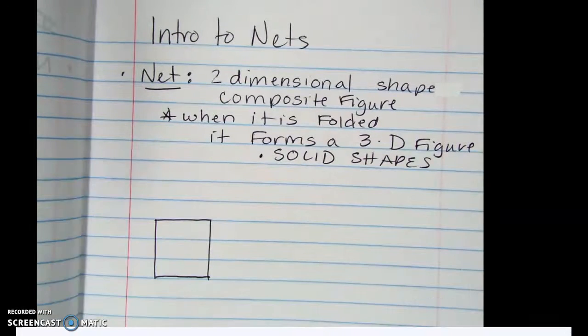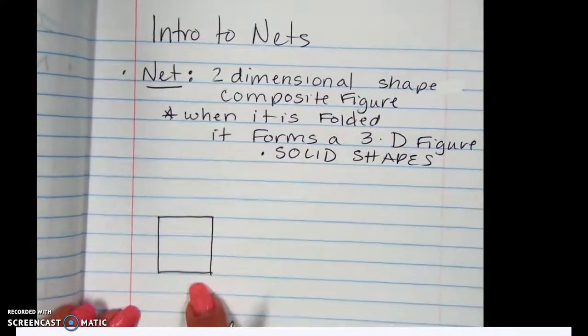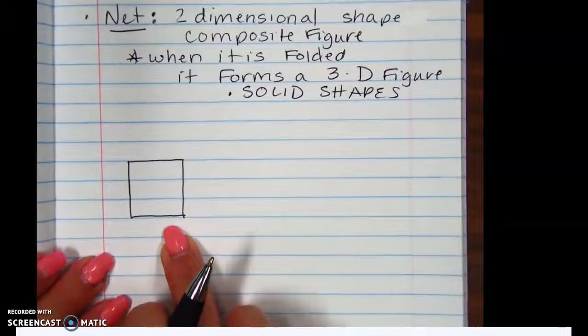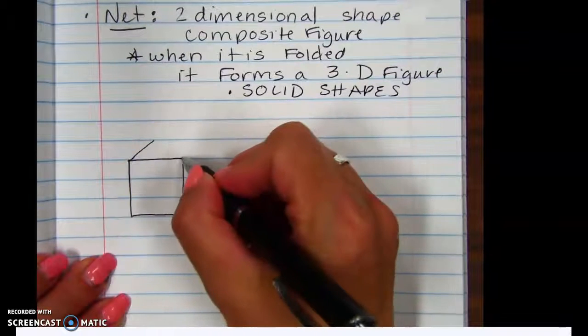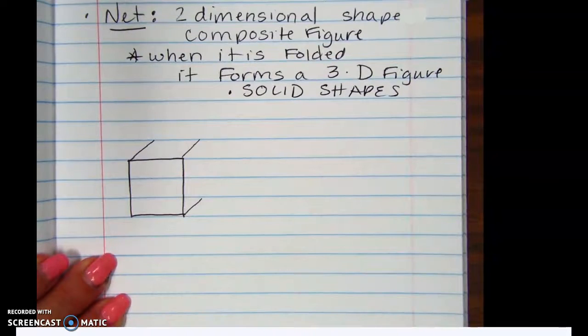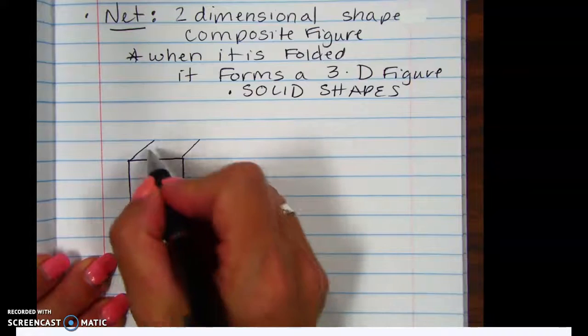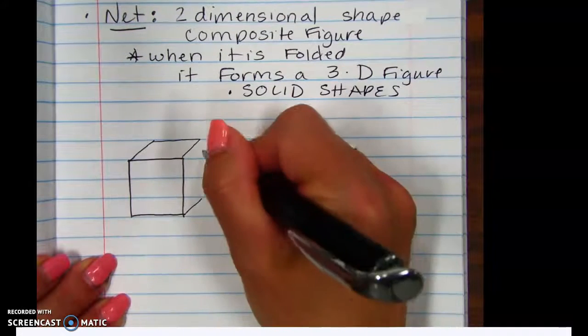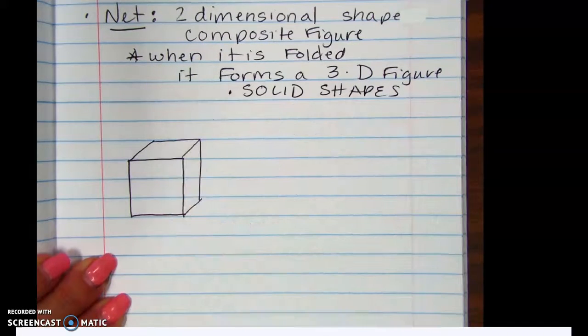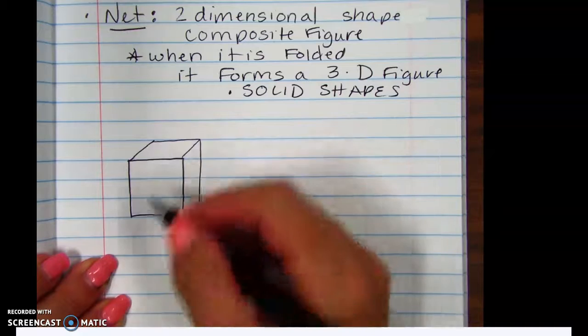Okay, so let's take a look at one solid shape that you're really familiar with. So I've drawn a square, and I'm going to actually turn this into a cube. And then here we go, there's our cube. And you can stop the video and go back and see how to do this.